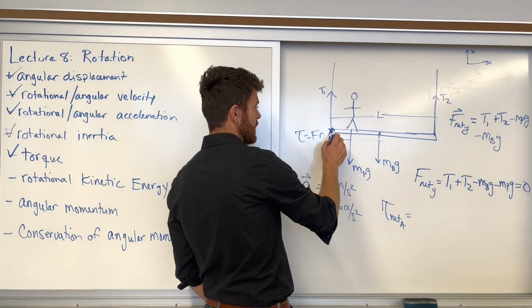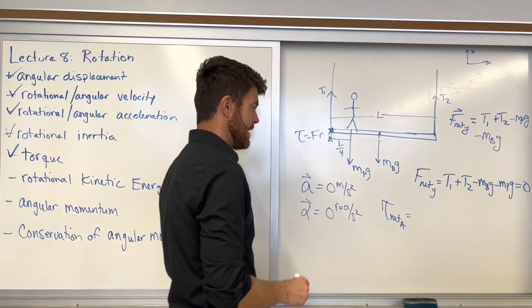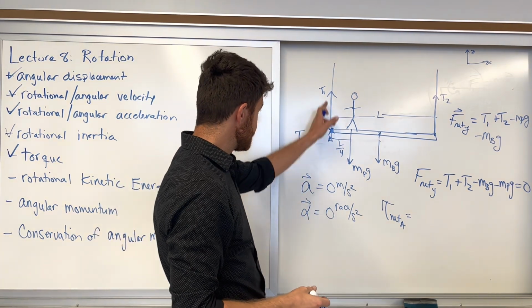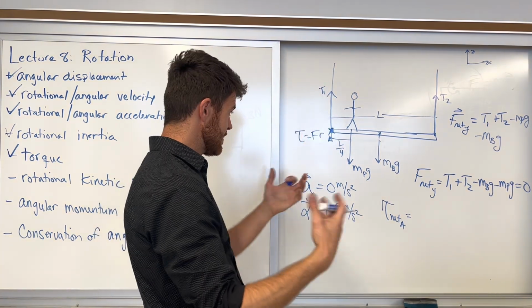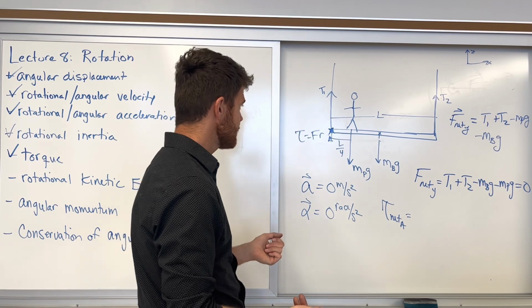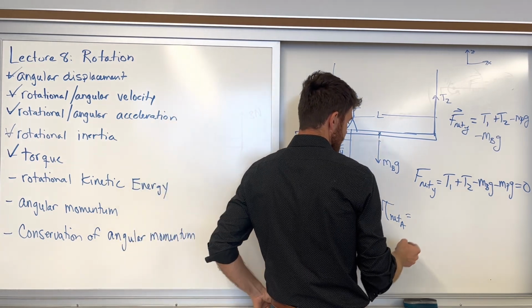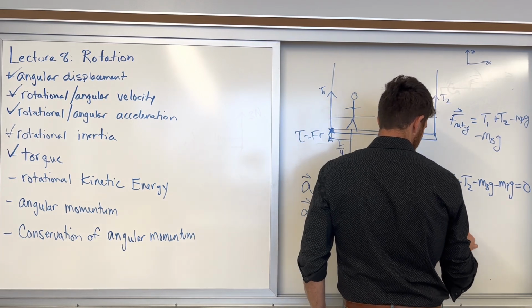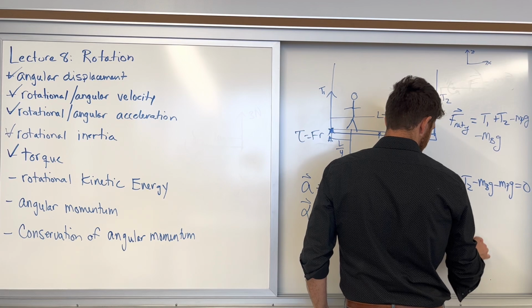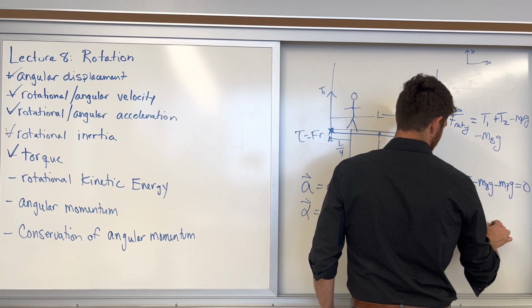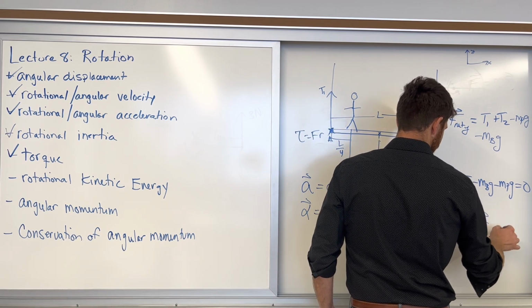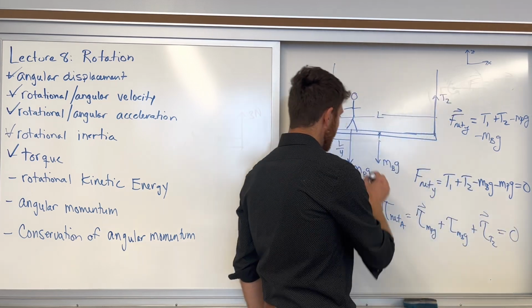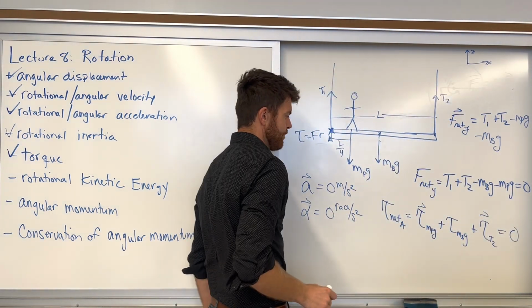Well, T1 is acting at point A, so this tension generates no torque, and we can forget about it. We're going to have the torque due to MPG plus the torque due to MBG, the weight of the board, plus the torque due to T2. And this is all the torques about this point.